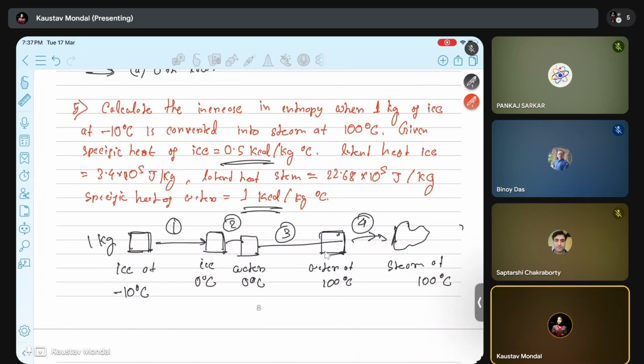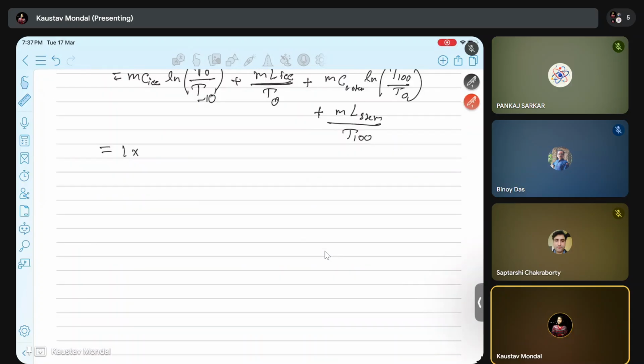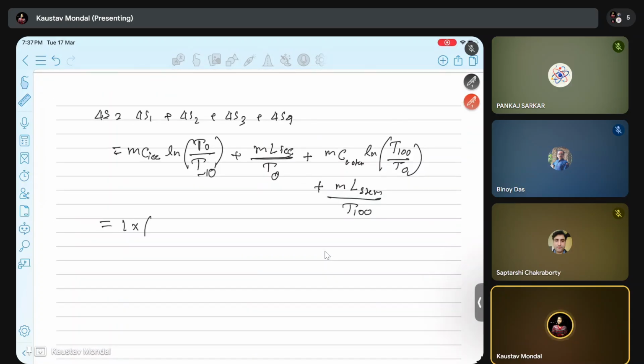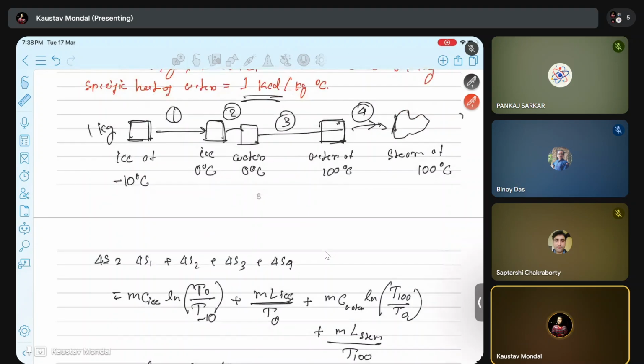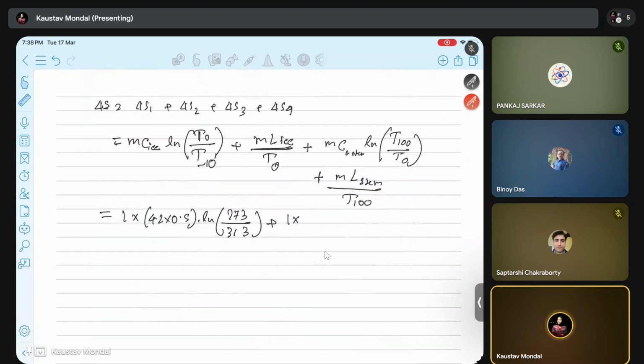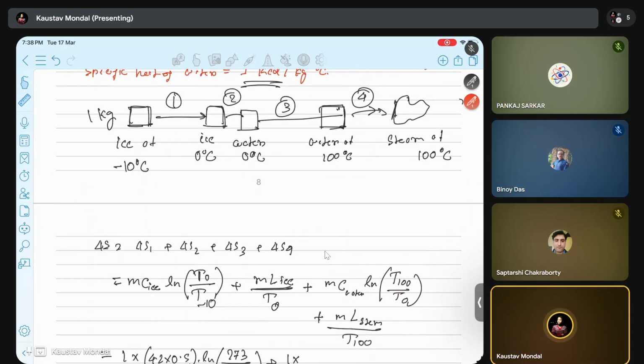These all things are given in kilocalorie, so to convert into joule you have to multiply by 4.2, right? 4.2 into 0.5 into ln of 273 by 263, plus this m L, so 1 into L ice, the latent heat of ice, that is 3.4 into 10 to the power 5 joule is given.